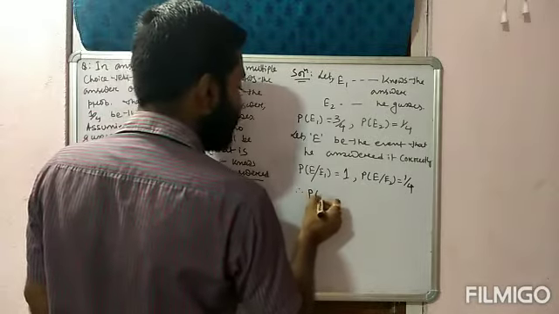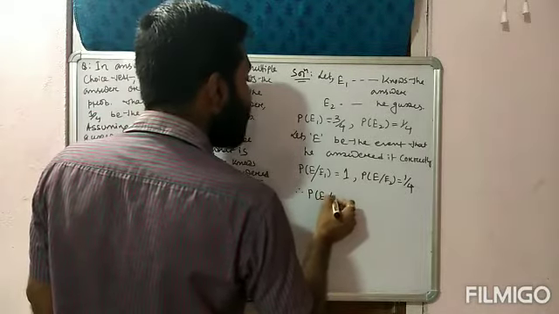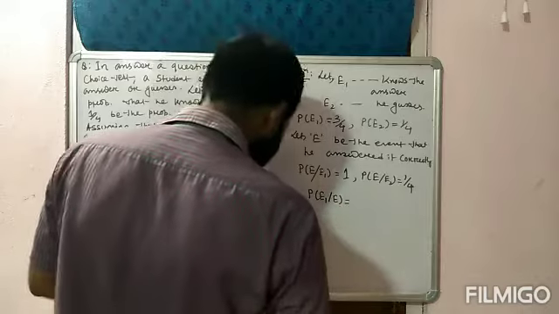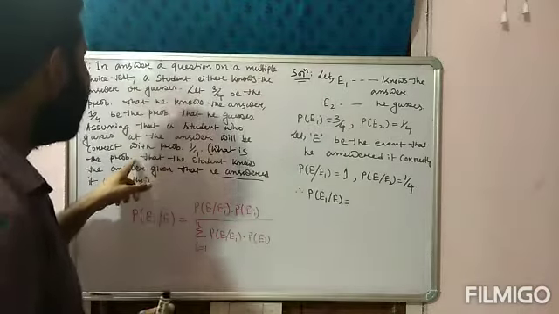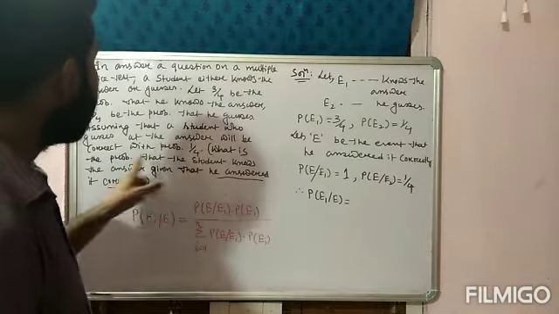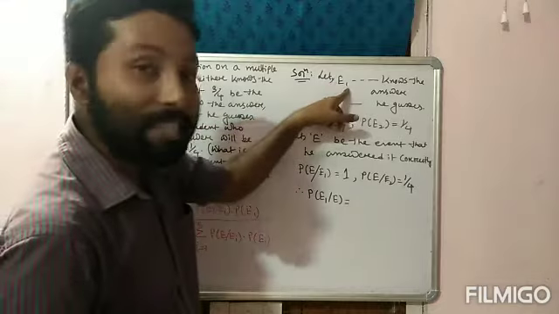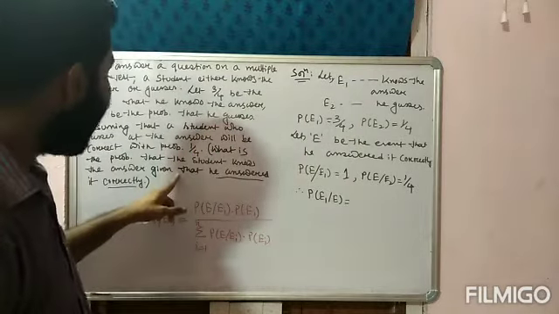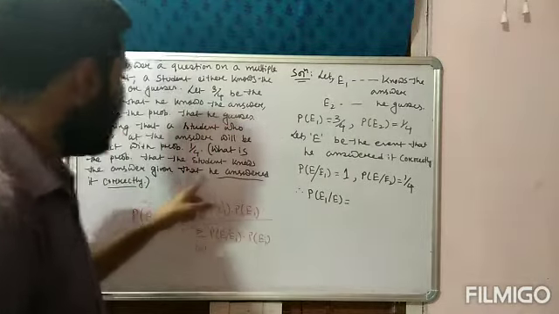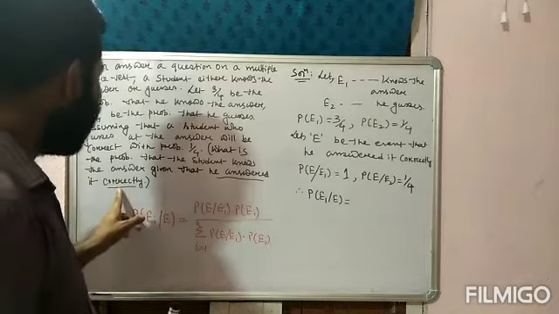Now you are asked to find out what? Probability of E1 slash E. Yes or not? What is the probability that the student knows the answer? Knows the answer means event E1. Given that means slash. He answered it correctly.